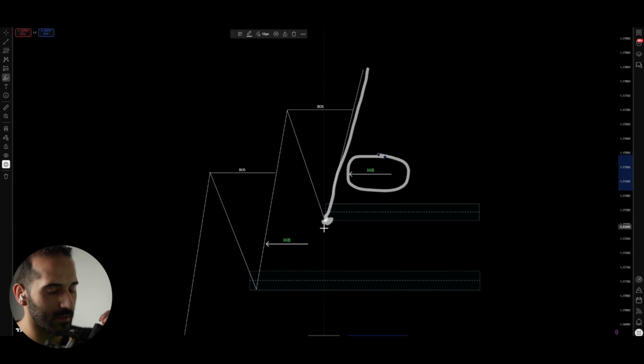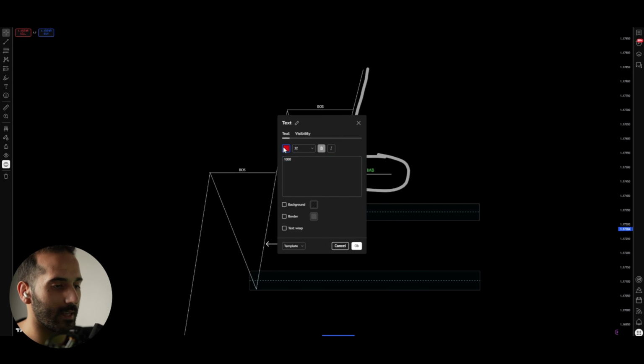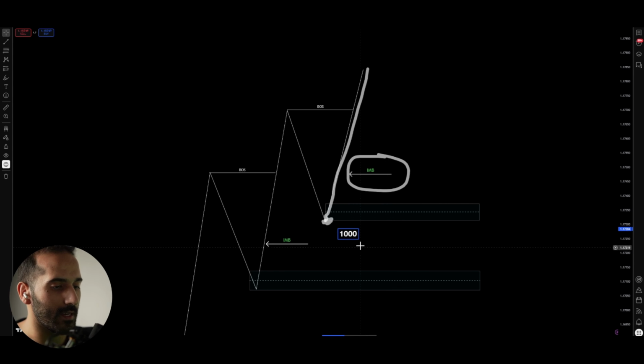By meaning this, there were huge orders that caused the price to move to the upside. What does that mean? For example, let's say we have 1,000 orders existing here. Perfect, okay? Here we have 1,000 orders.